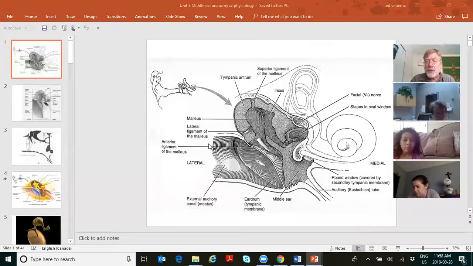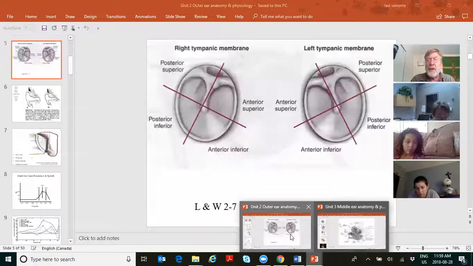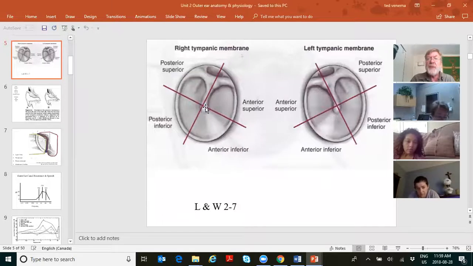So your otoscope is going to shine light here. And remember, the eardrum is kind of inward, like a speaker. Okay, it's dented inward. And the tip end of it is the umbo. So that would be this. And then you're going to see this here. Don't worry about that.